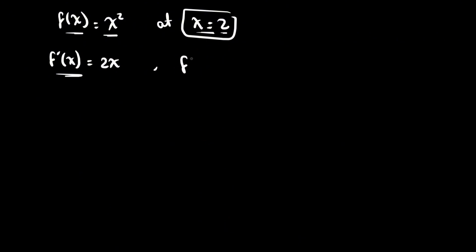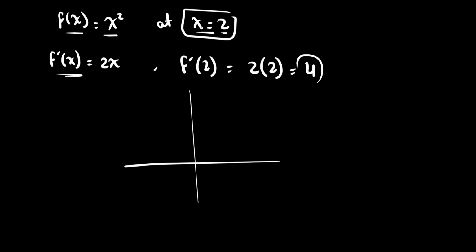So it's going to be f prime of 2 equals 2 multiplied by 2 equals 4. So on a graph, it's going to look something like this. Let me show you. At x equals 2, this is the tangent line. This is 2, and this is 4.